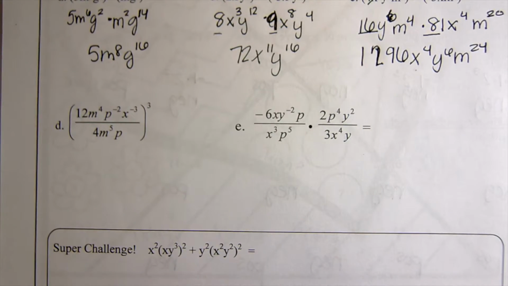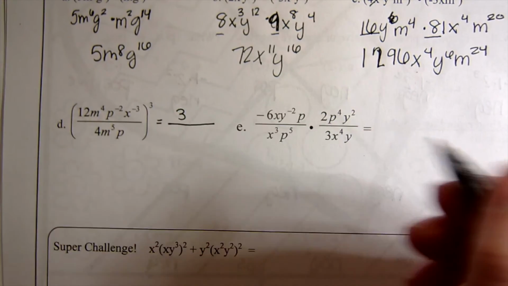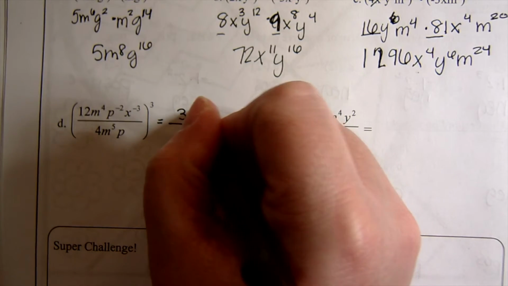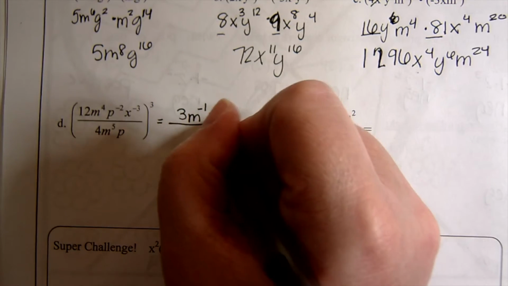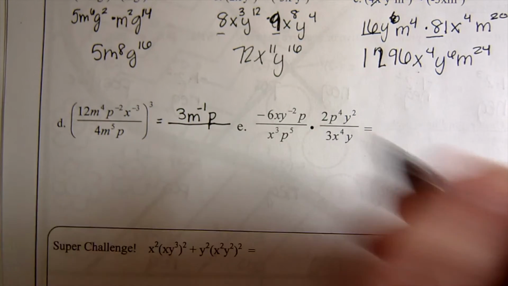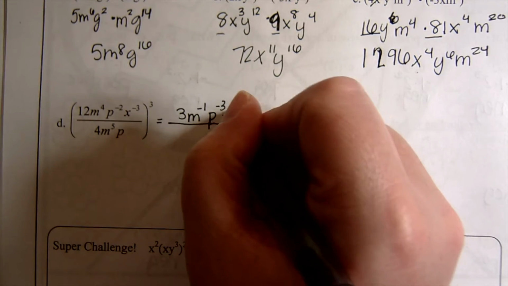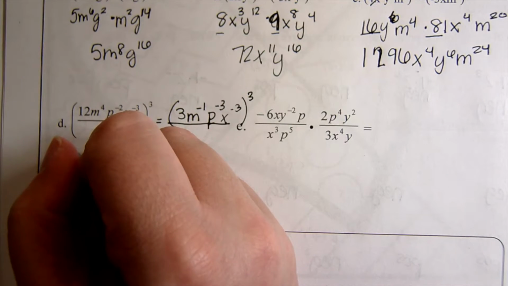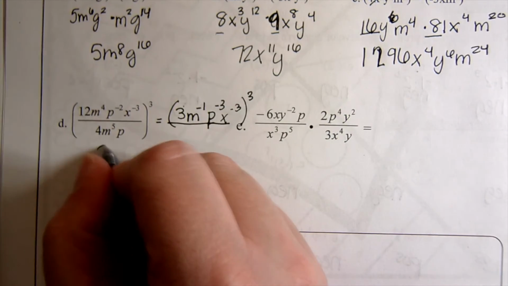Alright, D. So let's go ahead and simplify D first. So 12 over 4 is 3. M to the 4th over m to the 5th is m to the negative 1. P to the negative 2 over p to the 1st: negative 2 minus 1 is negative 3. And then x to the negative 3. And all of that is cubed. So, 3 cubed is 27.